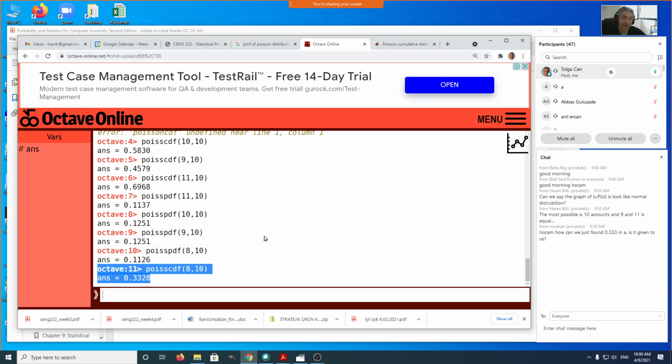So the probability that 8 or fewer customers are going to open a new account is equal to 0.33. So 1 minus that, the complement, will be the probability that 9 or more customers initiate an account that day.